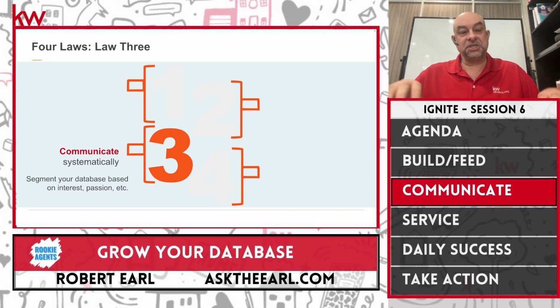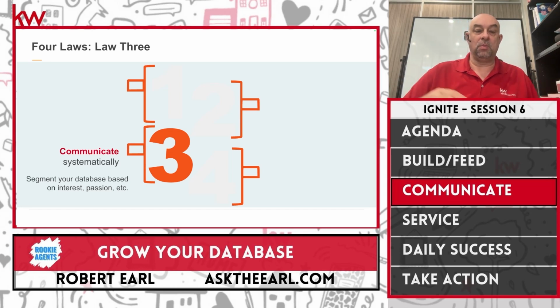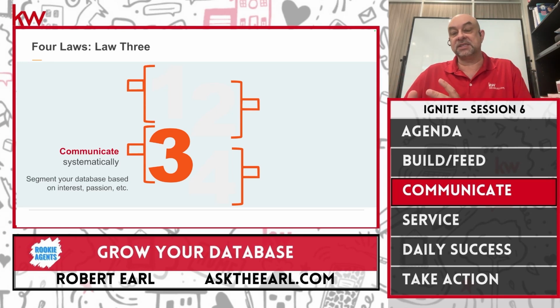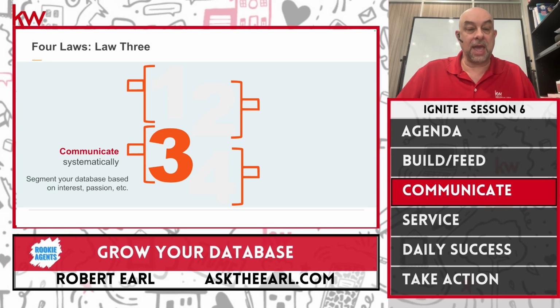As you establish and build your relationships and learn more about a person's motivations, dreams, interests, goals, you'll categorize them, you'll segment them. Are they looking to buy? Are they looking to sell? Are they 1 month, 3 months, 6 months? What is their time frame to be able to go through this?